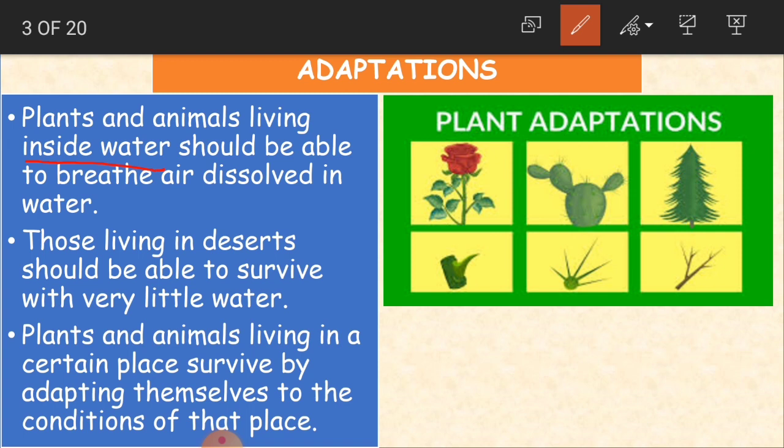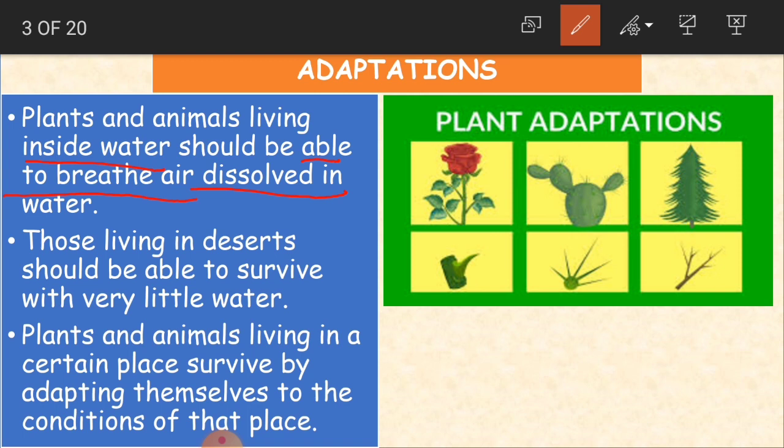Suppose a plant is growing in water, it should be able to breathe air, because air is very much necessary for a living thing to live. Unless we breathe air, we cannot live. Clear, children? So even a plant has to breathe air, the air which is dissolved in water.